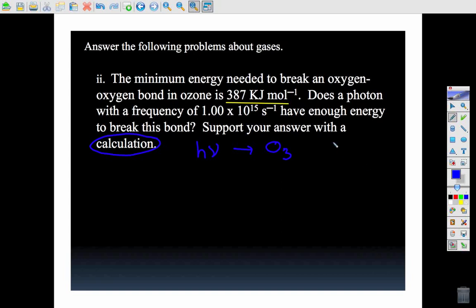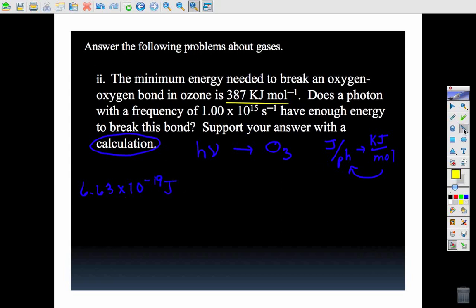And there's two ways to do that. We could have taken our previous energy in joules per photon and converted it to kilojoules per mole and then compared. Or we really could take the kilojoules per mole and go back to joules per photon and compare. I'm going to start with my previous answer, 6.63 times 10 to the minus 19th.